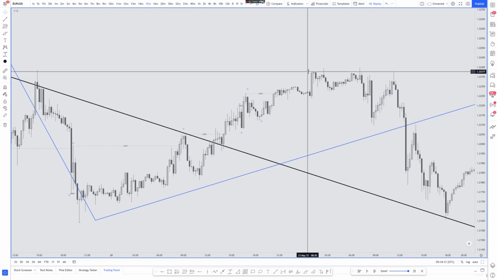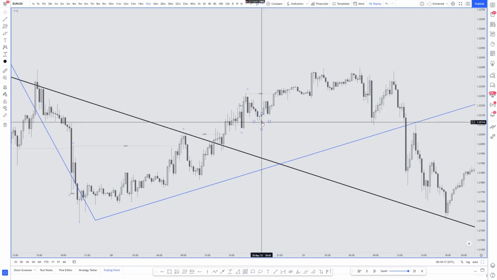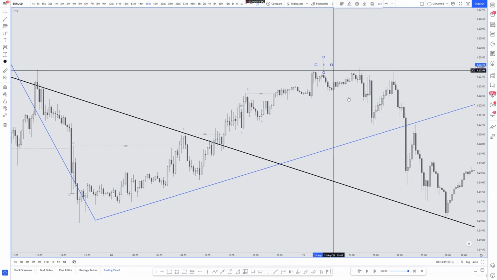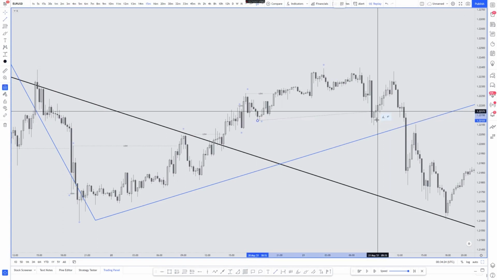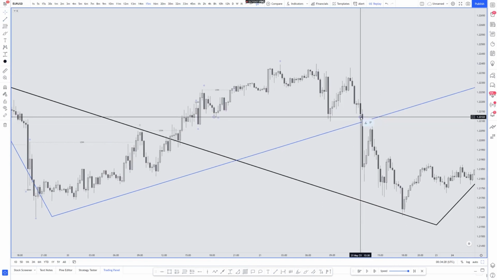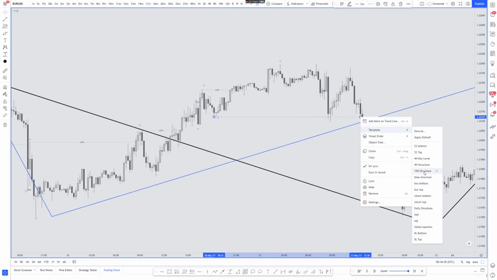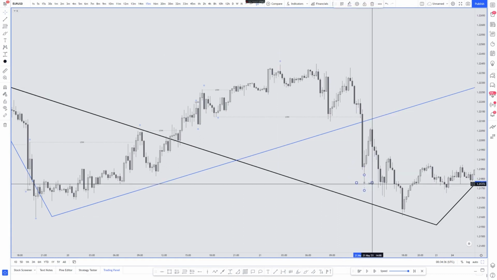To me, there's really no real pullback till somewhere up here, and the pullback ultimately takes this low and creates bear structure. So now we have bearish momentum.